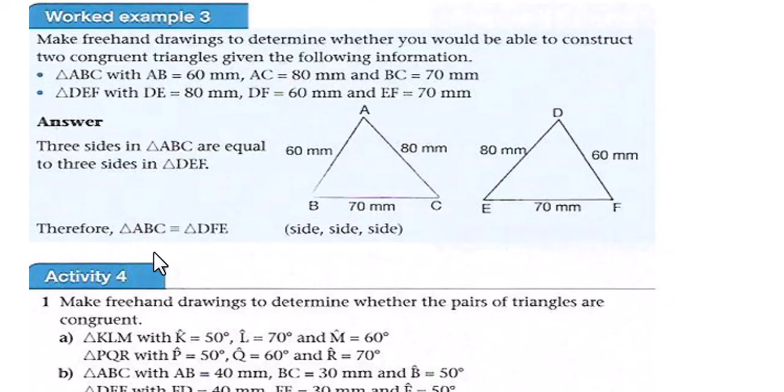So this satisfies congruence, and therefore we're saying triangle ABC is equal to triangle DFE. The sides are equal, so this satisfies the condition we are looking at.